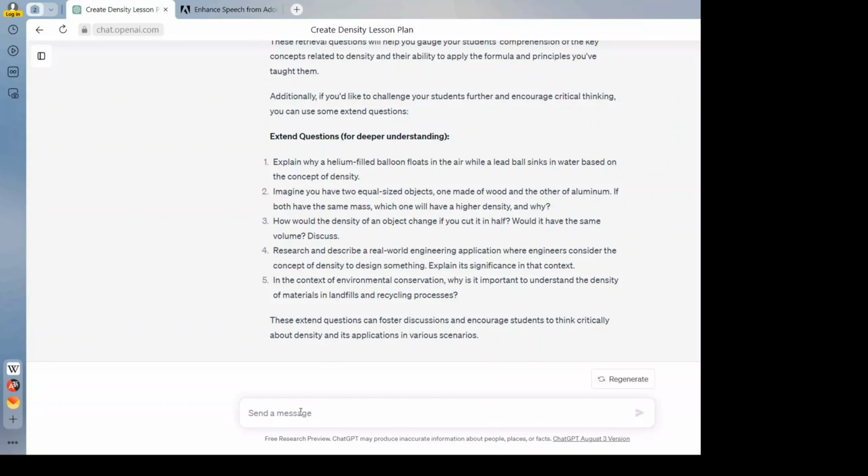But let us give ChatGPT one more chance to see whether it can come up with some better questions. We need more questions, especially considering the fact that these are young students and also they have just learned about the concept of density today.